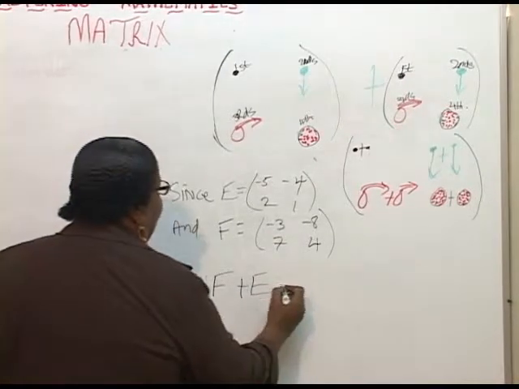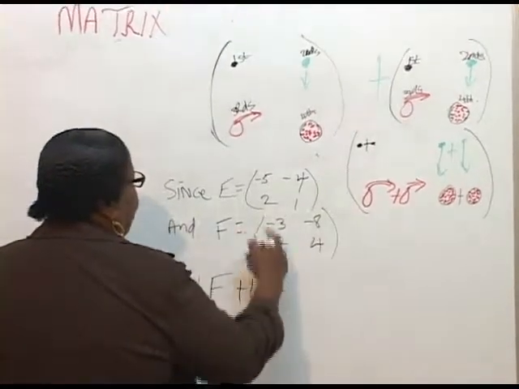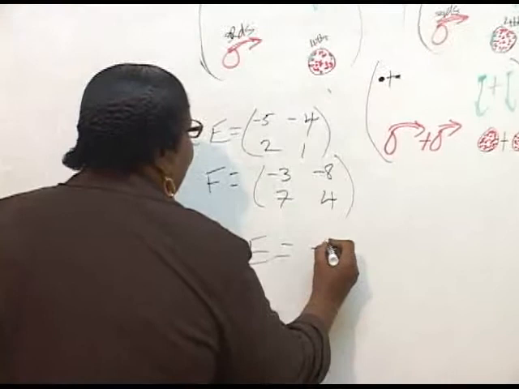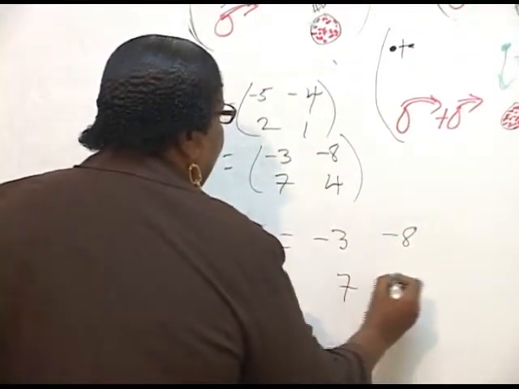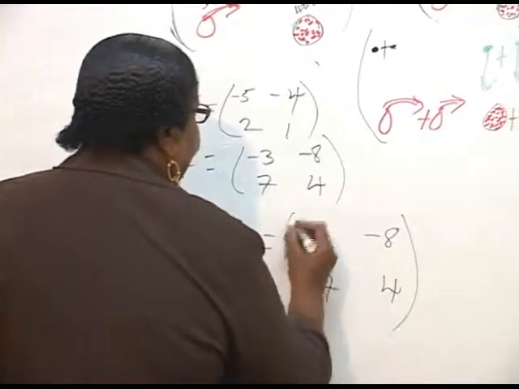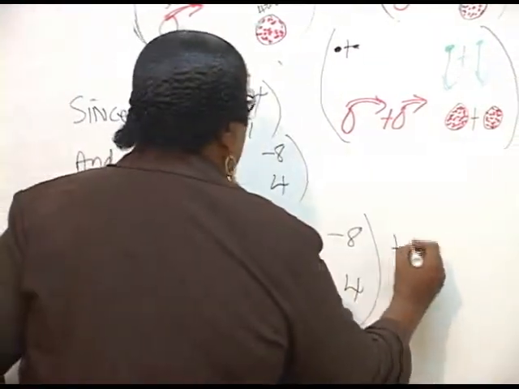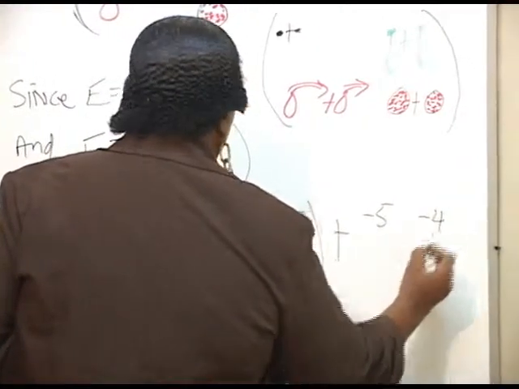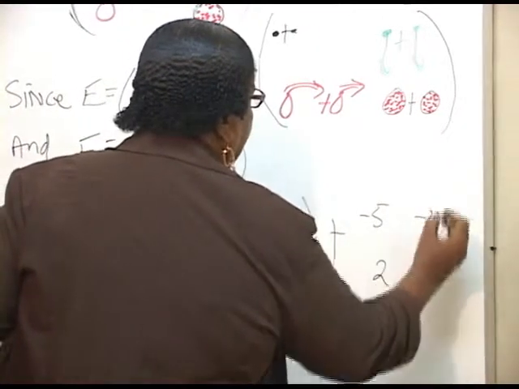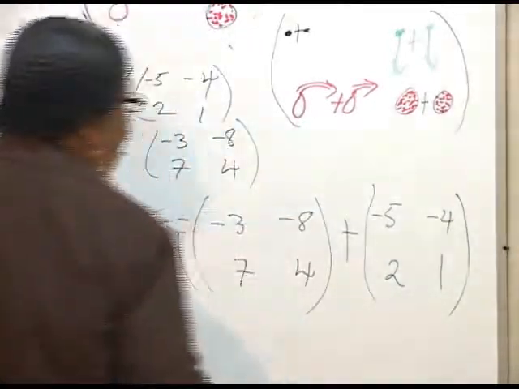So this time I would be writing F first. So it's -3, -8, 7, 4, and it is plus -5, -4, 2, 1. And again, what do we say?